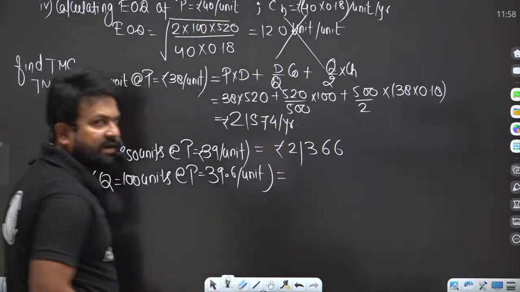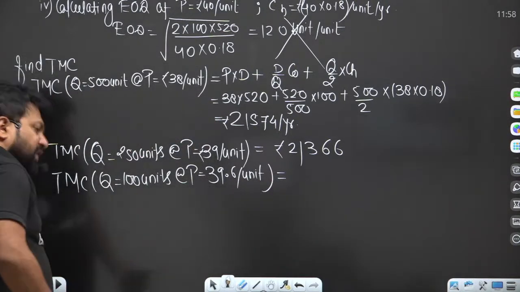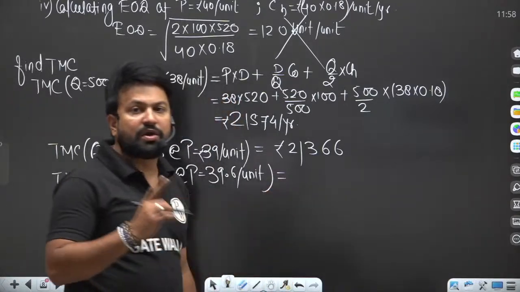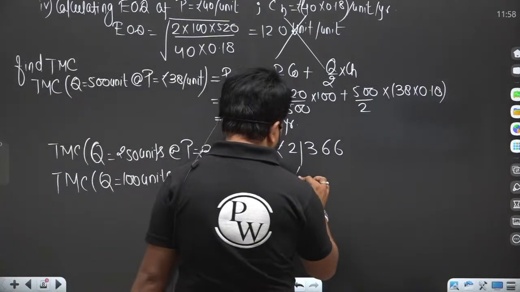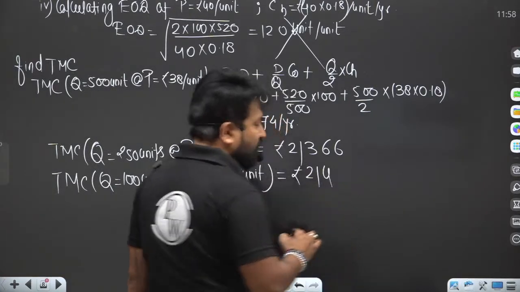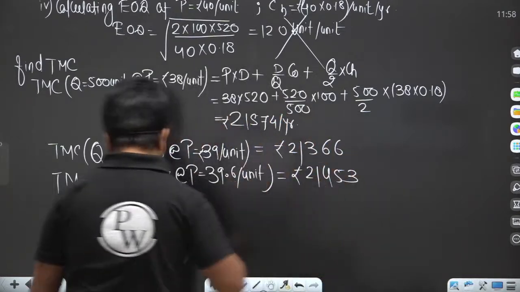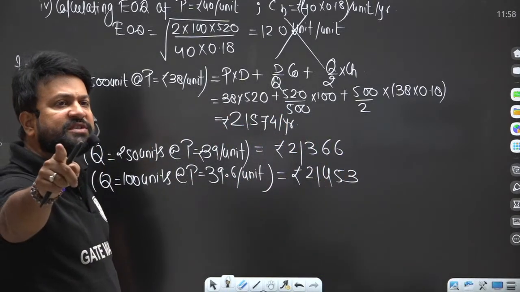The cost will be rupees 21453. Now your EOQ is satisfied with the wholesaler.